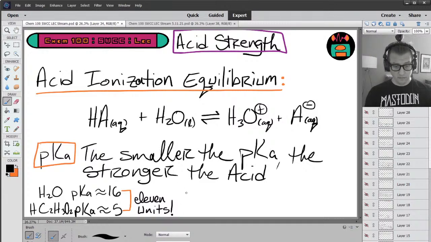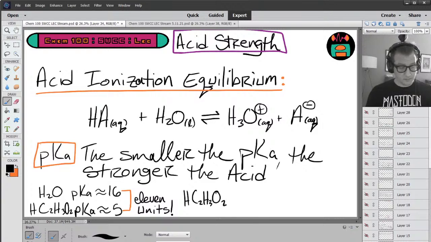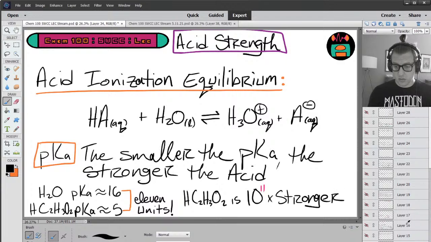So acetic acid, excuse me, is 10 to the power of 11 times stronger. And that's because it is 11 units.